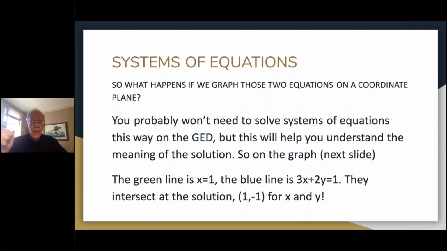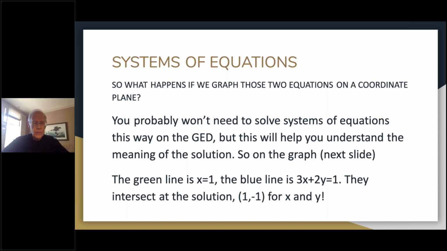All righty. So to help you out a little bit, I thought I'd show you what happens if we graph those 2 equations on a coordinate plane. And you probably won't need to solve systems of equations this way on the GED, but visualizing it this way will help you understand the meaning of this solution. So on to the graph.